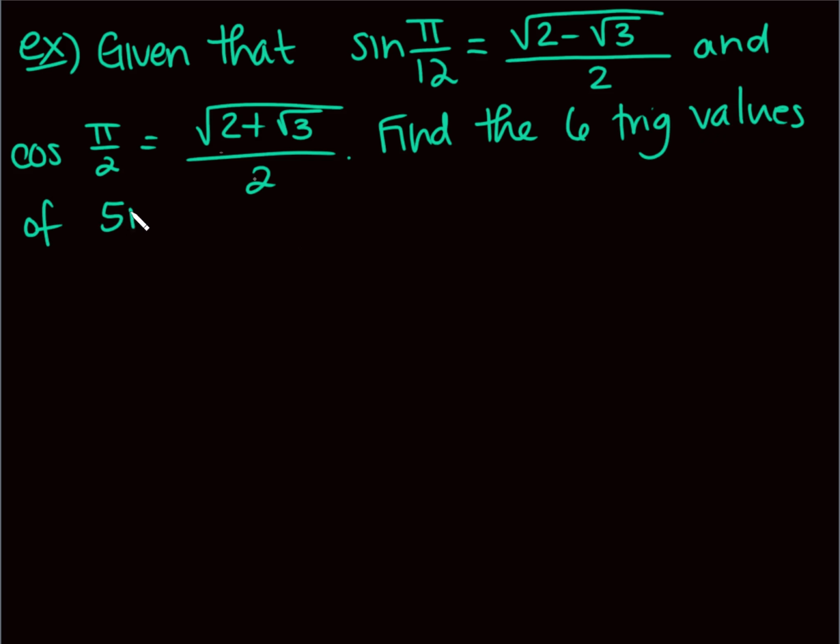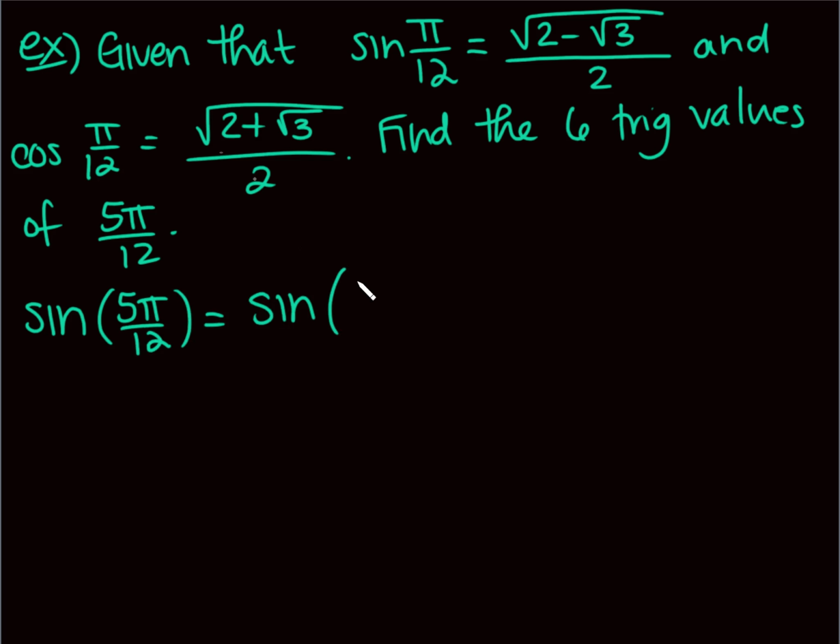So why 5 pi over 12? Because 5 pi over 12 plus pi over 12 is pi over 2. Let's look at how we're going to do some of these. If I want to find the sine of 5 pi over 12, I'm going to rewrite this as the sine of pi over 2 minus pi over 12.